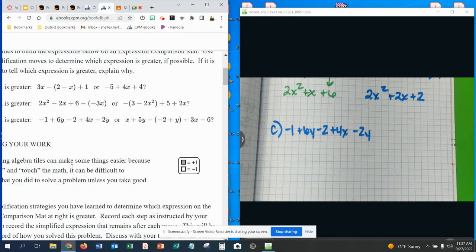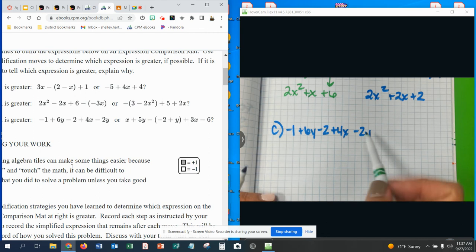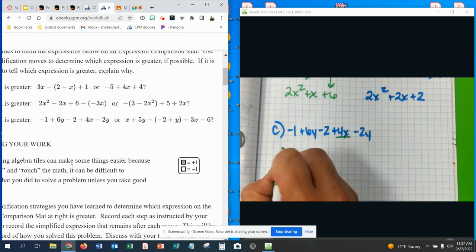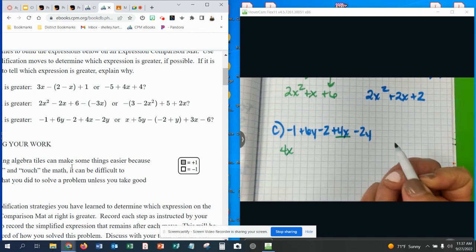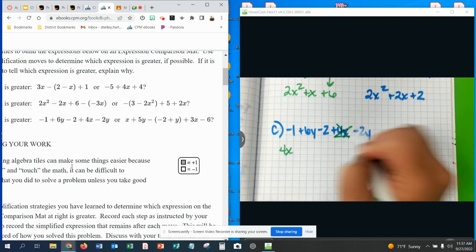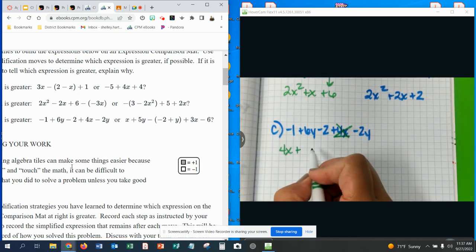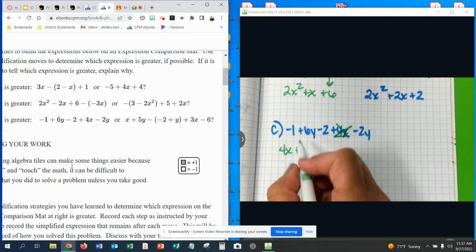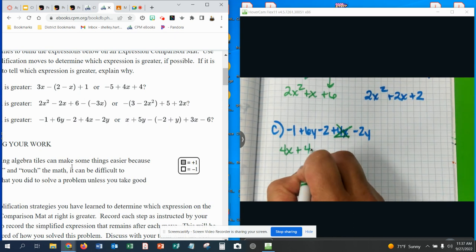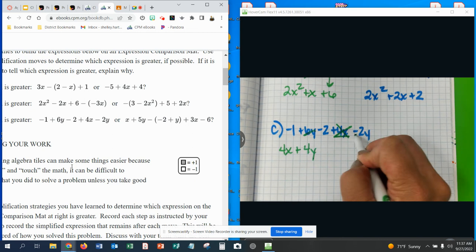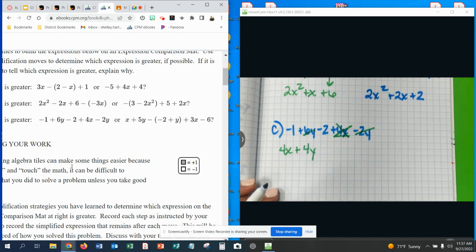6y and 2y. Perfect. But I am going to move this 4x to the front, just to get rid of it. So that's gone. But Gaia, you were absolutely right. And what do I get? 6 minus 2 is what? 4. Perfect. So 4y. Good. Gone. What's my next set of like terms?